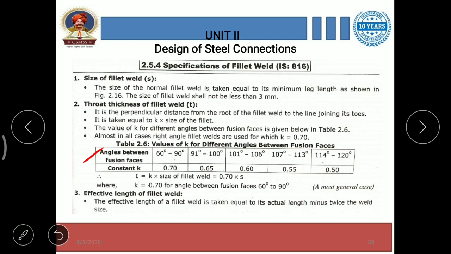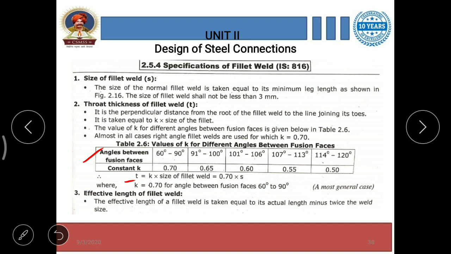It is taken equal to k into the size of the fillet. Remember this small formula: throat thickness of fillet weld, t, is equal to k times the size of the fillet weld. That is again mentioned below the table here.